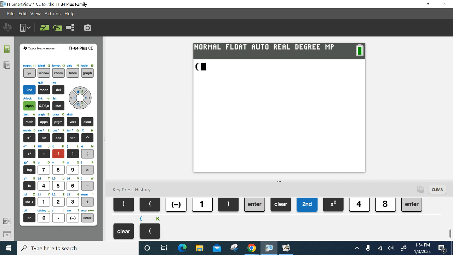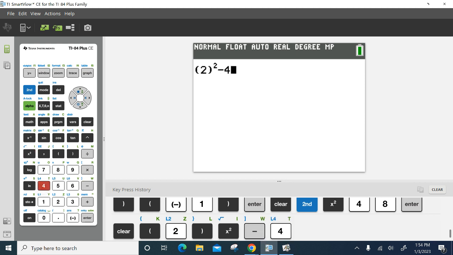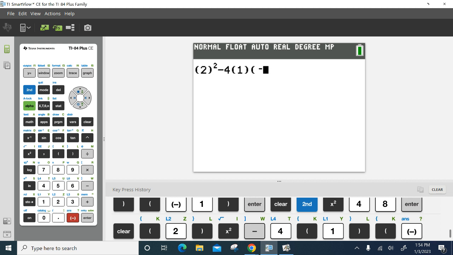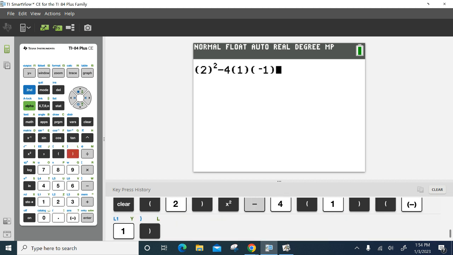Parenthesis. What was it, 2 or negative 2? 2. 2 squared minus 4 parenthesis 1, times parenthesis -1. What number goes underneath the radical?